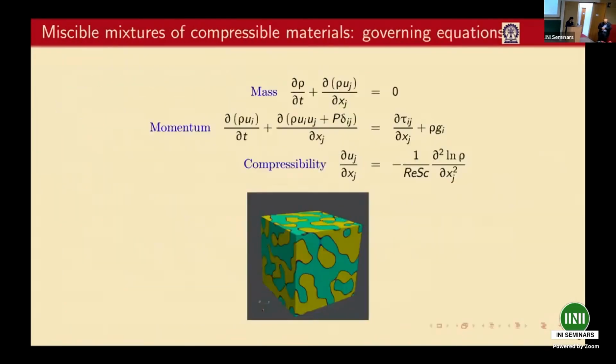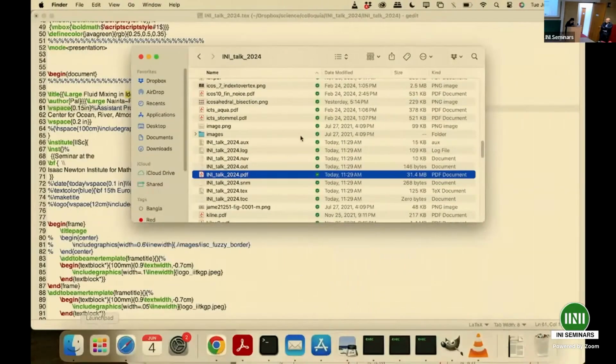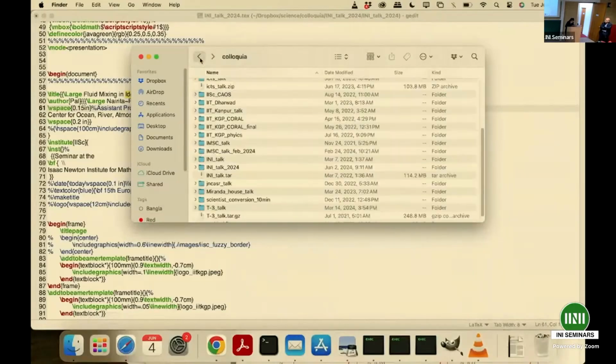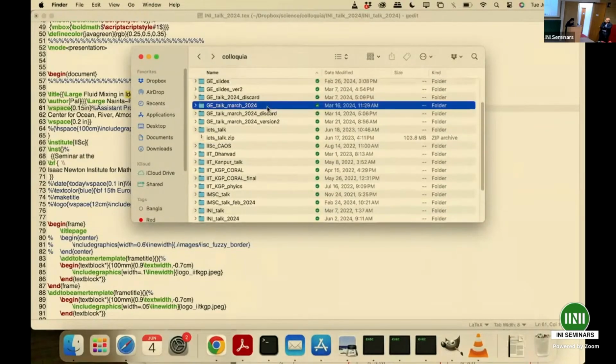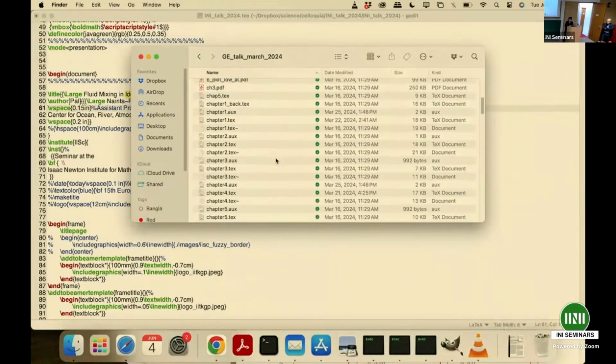There was one work which they did for different compositions, because the two components diffuse, of different mass density.